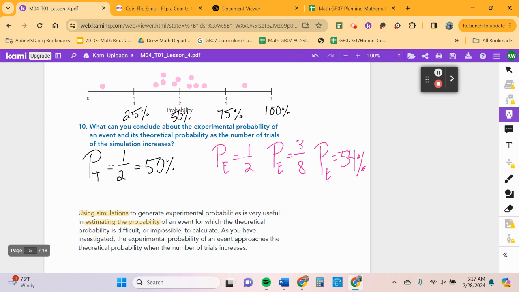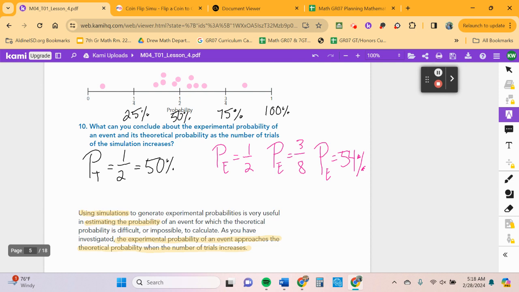As you have investigated, and this is the key here, the experimental probability of an event approaches the theoretical probability when the number of trials increase. So basically what that's saying is the more trials that you conduct, the closer you get to the theoretical probability.